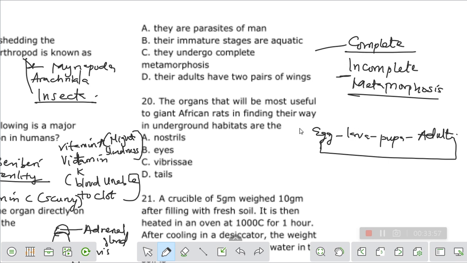The nymph will resemble the adults, and that's what you see in the cockroach. So the cockroach actually exhibits what? Incomplete metamorphosis. I think you guys are gaining something. So that's why you see the cockroach.